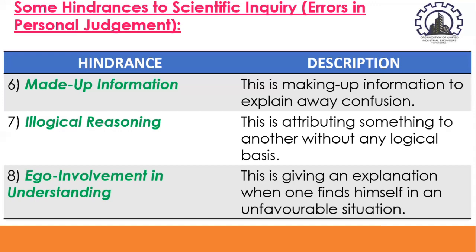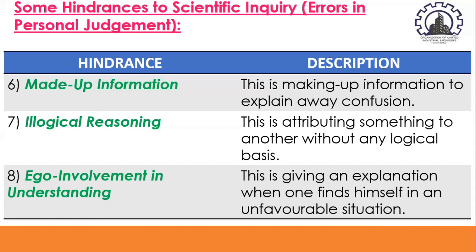And another hindrance is ego involvement in understanding. So, what do we mean by this? Ego involvement in understanding is giving an explanation when one finds himself in an unfavorable situation. For example, when foreigners make a slur on Filipinos, the latter counter that it is racial discrimination without investigating whether the slight is true or not.